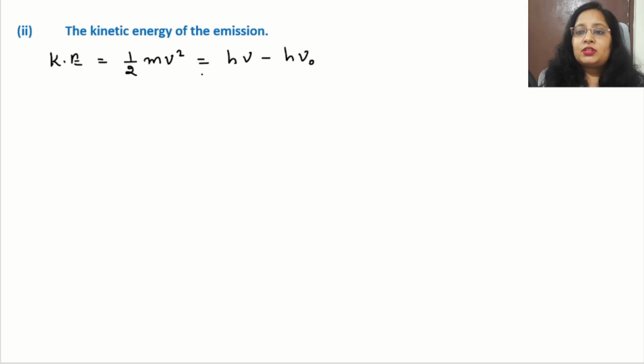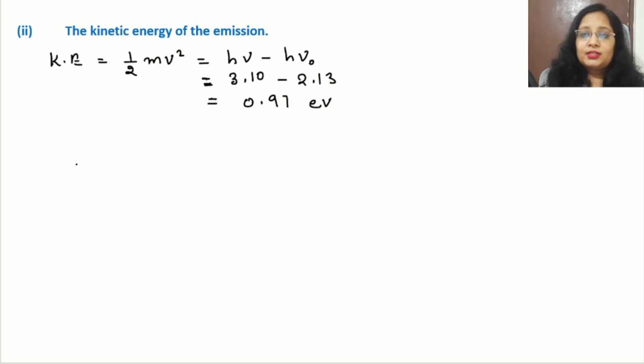So here work function is given, and h mu, or the energy, we calculated, it is 3.10 electron volt minus h mu naught, the given work function. The work function's value is 2.13. We will get the answer after subtraction, 0.97 electron volt. Now this is the second part of the question. The answer is this.